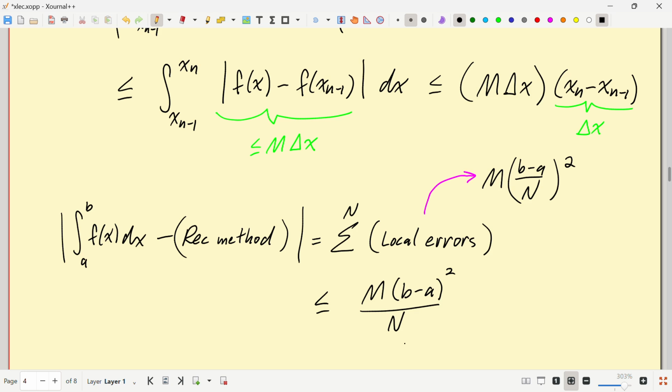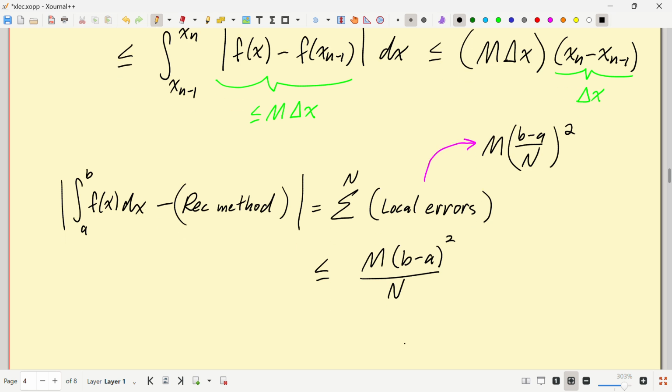So that's pretty stinko compared to the, so much worse than the trapezoid rule. So there's an example of how you use the mean value theorem to estimate those errors.